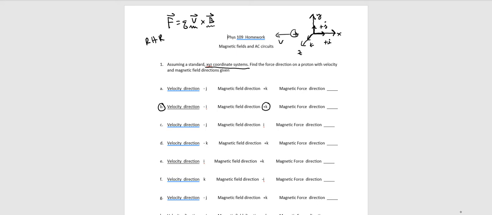Now the magnetic field points in plus K, so rotate your hand until you can sweep towards the plus K direction. Or in other words, your palm should be pointing in the plus K direction. Your thumb, if you're doing this correctly, should be pointing in this direction, the plus J direction. So the magnetic force direction would be in the plus J.